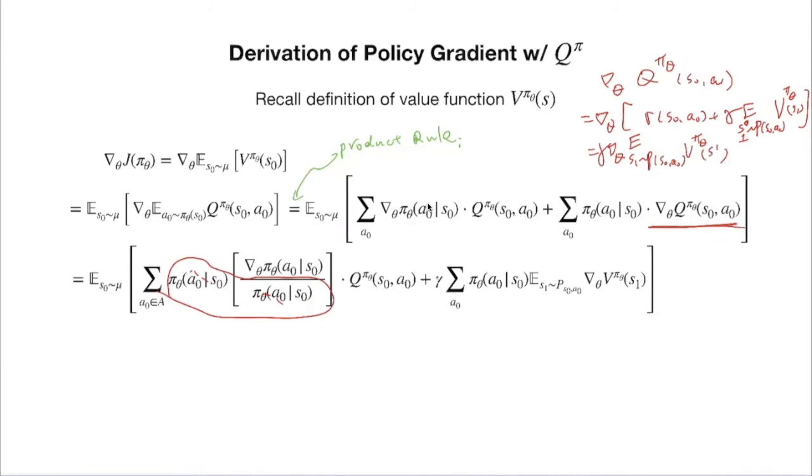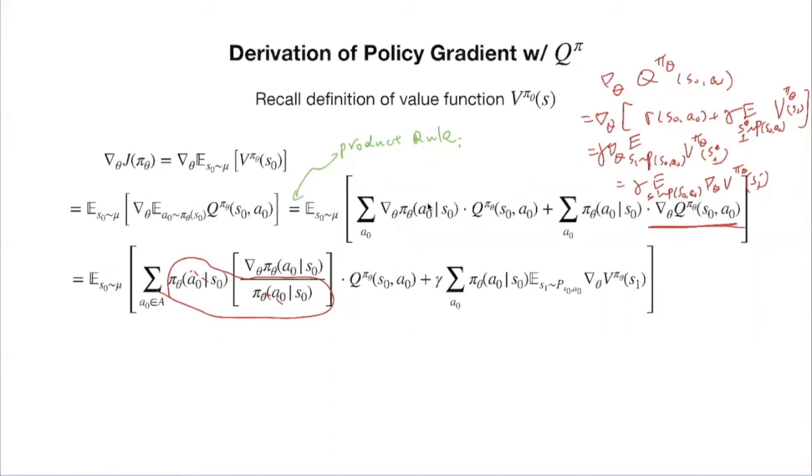And again, this is nice because the expectation is with respect to the transition, which has nothing to do with my parameter, right? And that means I can push the gradient inside the expectation. Right? So all I did is just a Bellman equation and then apply gradient on each term. The nice thing is that reward is independent of the parameter and the transition is independent of the parameter.